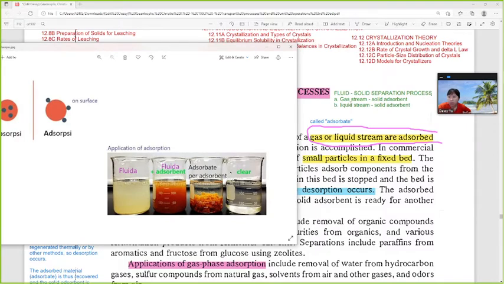Fluid from gas or liquid, so an example is a liquid stream with the solid adsorbent, the yellow color is the solid adsorbent in this picture.